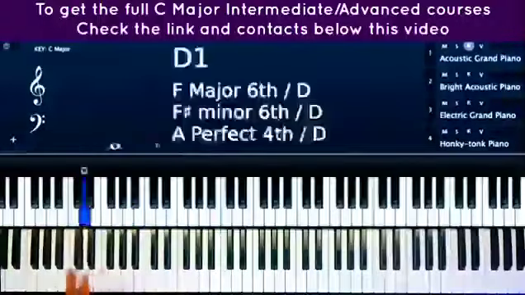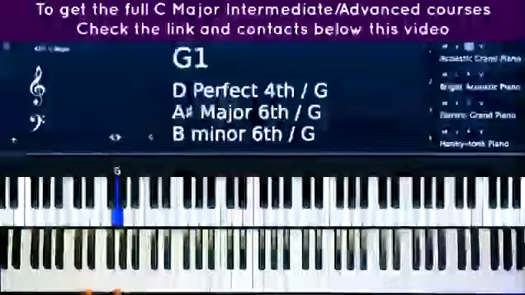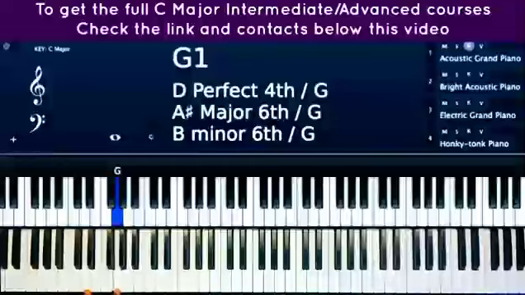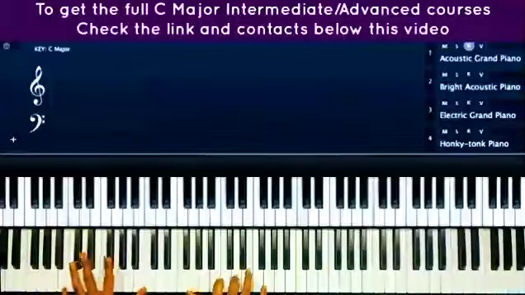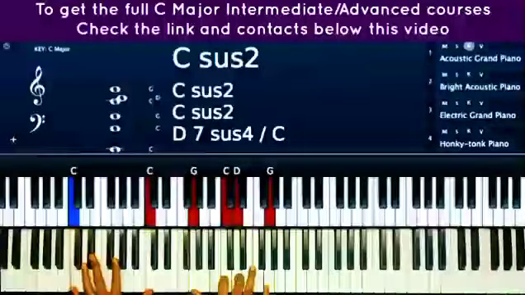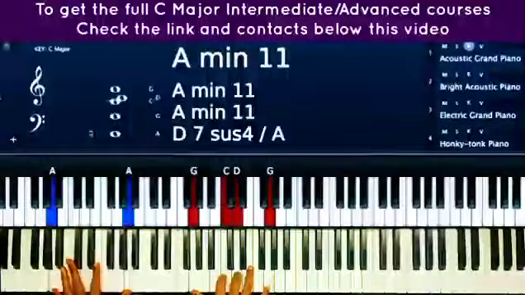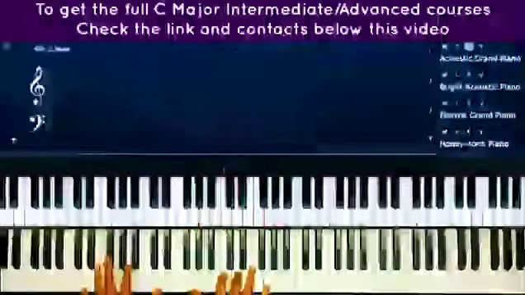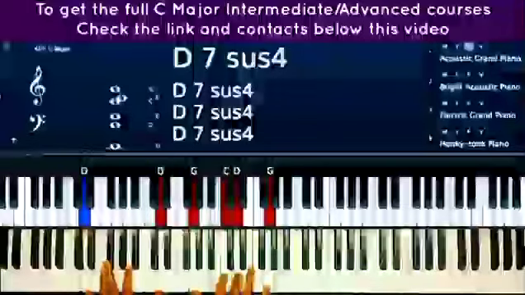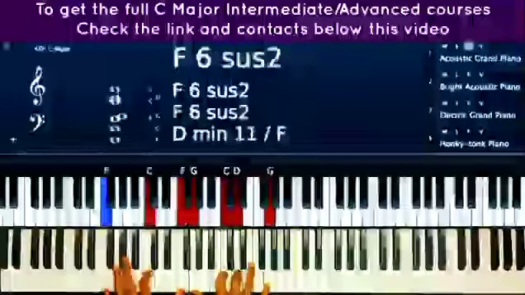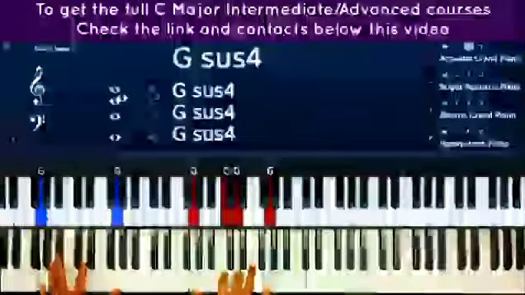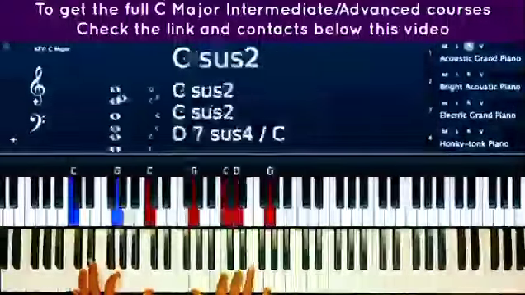C, A, D, 5, which is F, then G. Okay, so you have 1, C major, then you go to a 6, A, then 2, D, then 4, then 5, then back to 1.